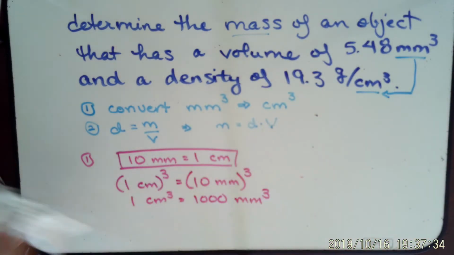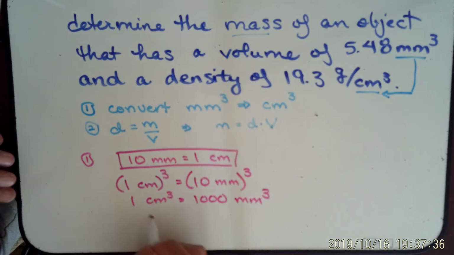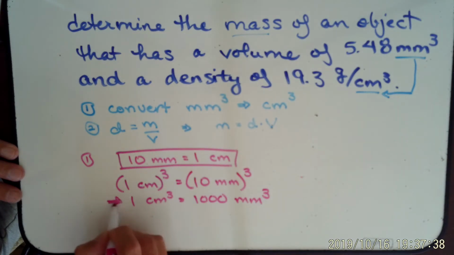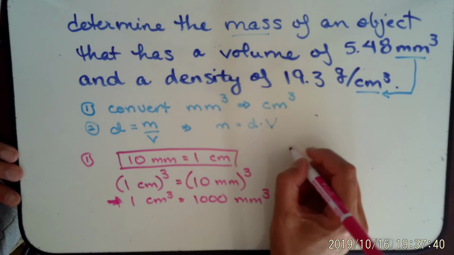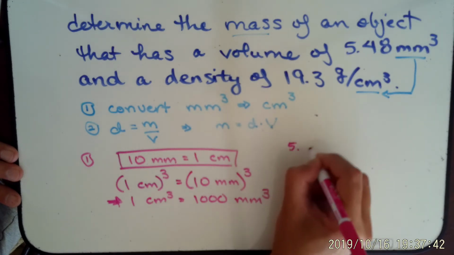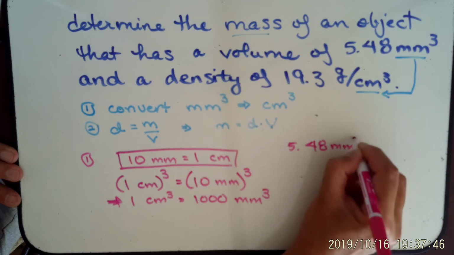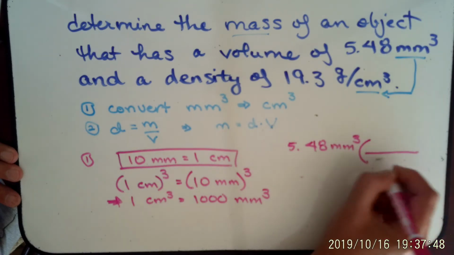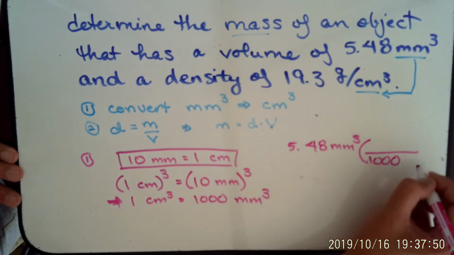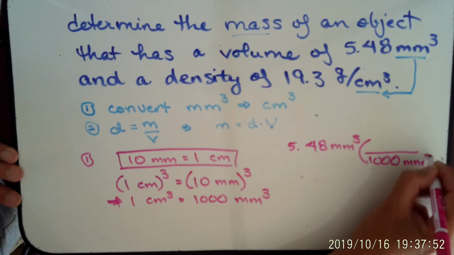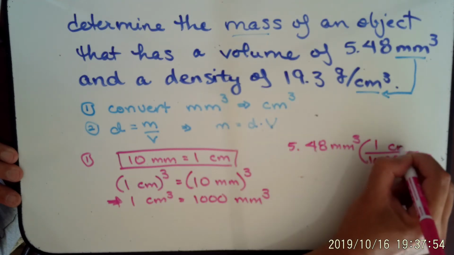The main part is actually getting this conversion. So if I have 5.48 cubic millimeters, now we know 1,000 cubic millimeters is equal to 1 cubic centimeter.